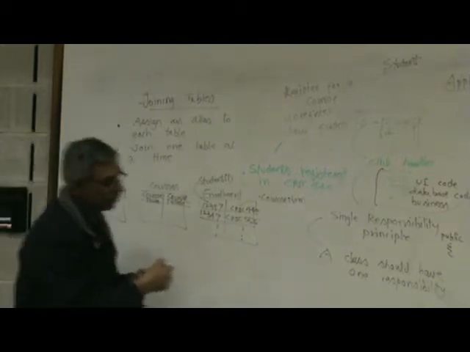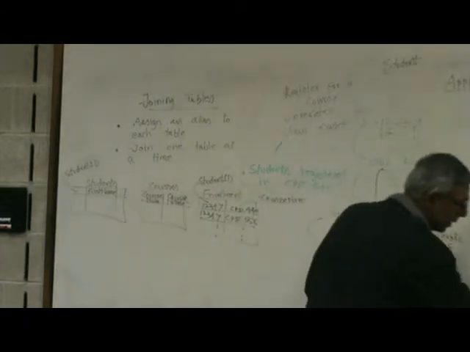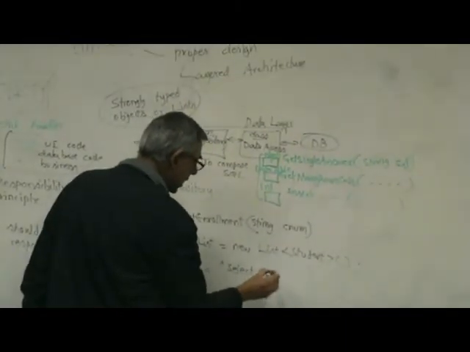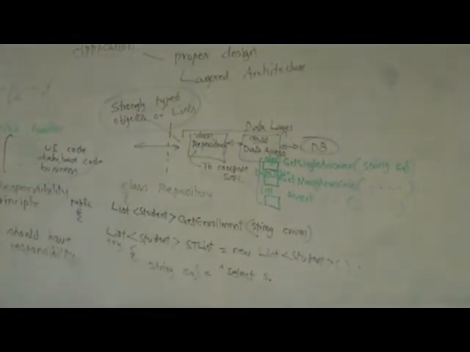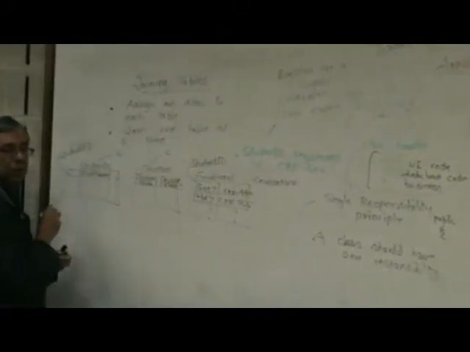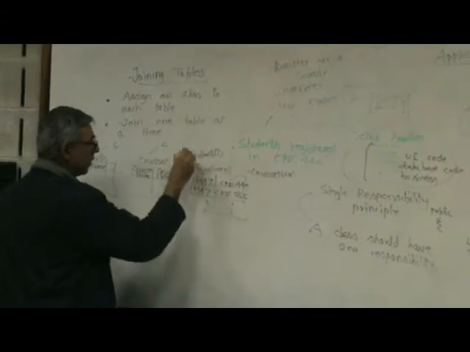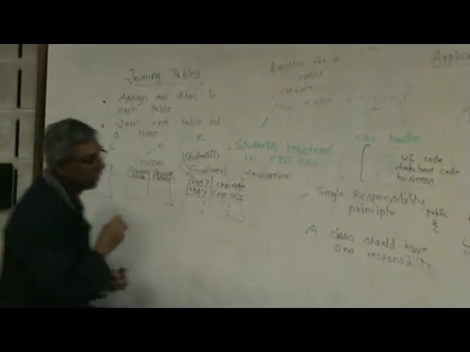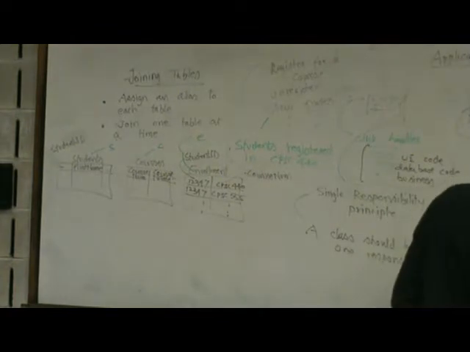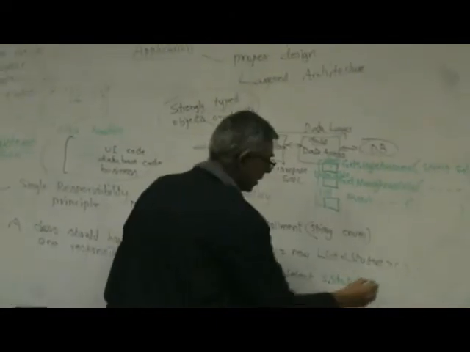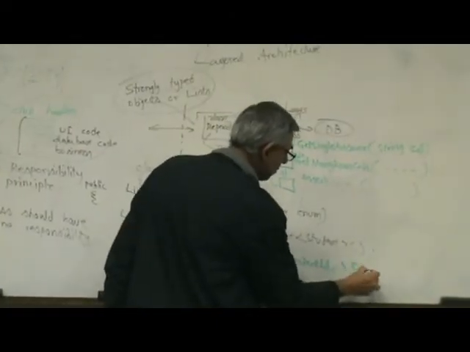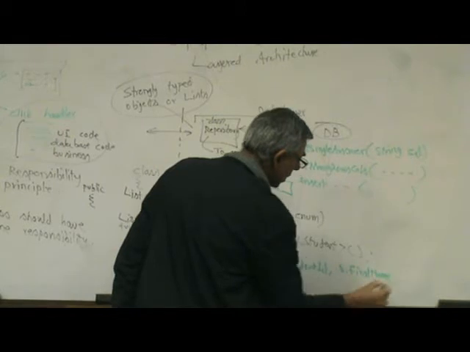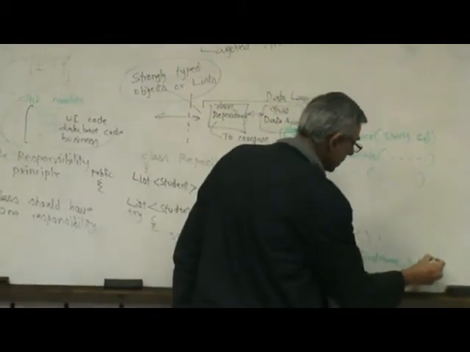So what will our SQL look like over here? It will look like select S dot. So pretend S is the alias for student, C is the alias for courses, and enrollment is E, right? So this will look like S dot student ID, comma, S dot first name, comma, S dot last name.